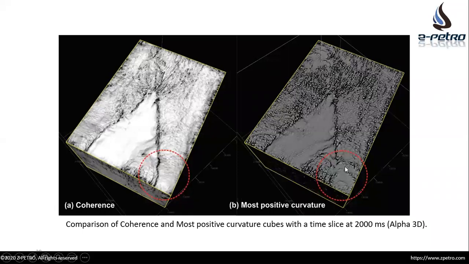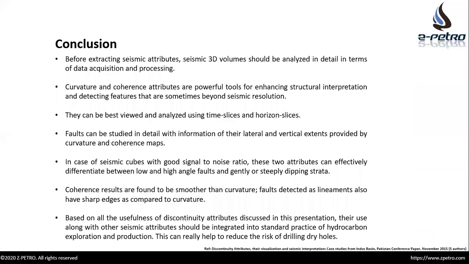But when you apply the coherency attribute on the same, you can see the information. The block is basically the alpha 3D, and the time slice is 200 millisecond. You can see the information, all right. Therefore, sometimes we will use the coherency attribute, and sometimes we will use the positive curvature attribute or negative curvature attribute.